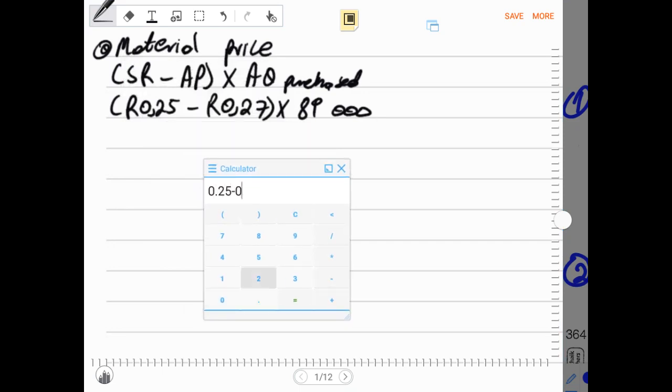It is 0.25 minus 0.27, and we times that by the 89,000 kgs of material that were purchased.